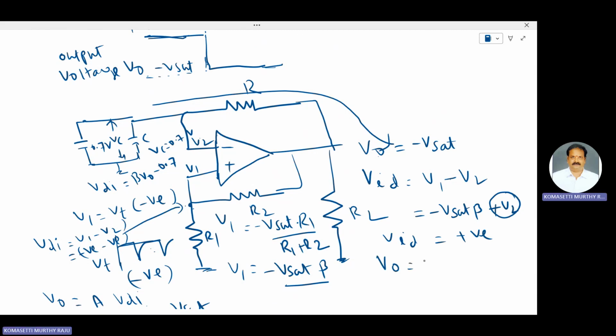Output voltage is equal to gain A into VID. That is, V0 is positive, which means V0 is equal to plus Vset.